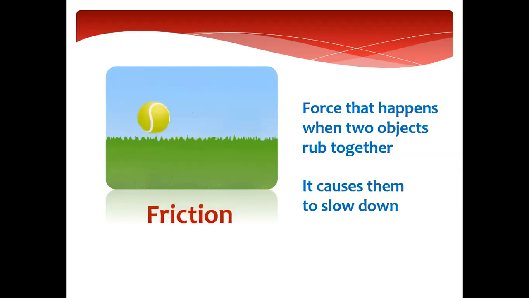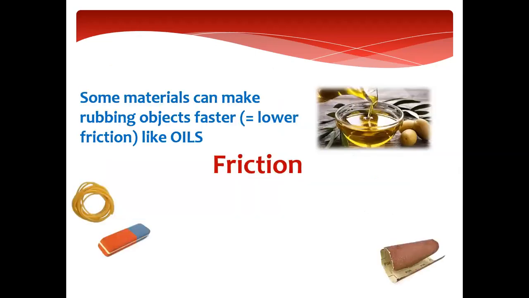How? There are some materials that can make rubbing objects faster. What does it mean by this? It means that it is lowering the friction, like oils. I will give you an example. Of course, you must take care. If there is some oil on the ground, what will happen if you are wearing anything, shoes, socks?